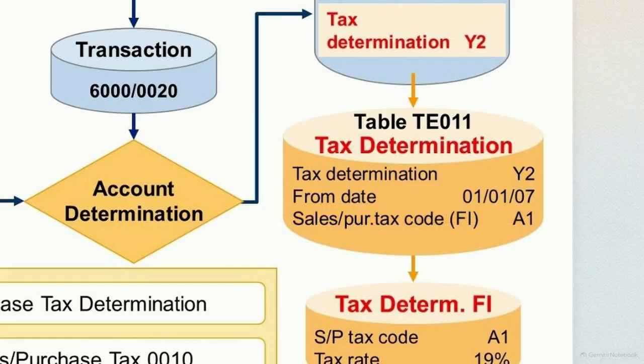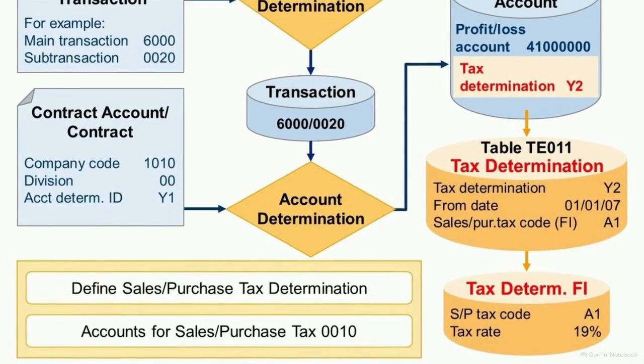This ensures no incorrect tax rate is posted. With FI tax code A1 secured, the system queries posting area 0010. Using company code, transaction type, and A1, it dictates the exact general ledger tax account and retrieves the 19% tax rate, resolving the abstract payload into a precise financial posting.